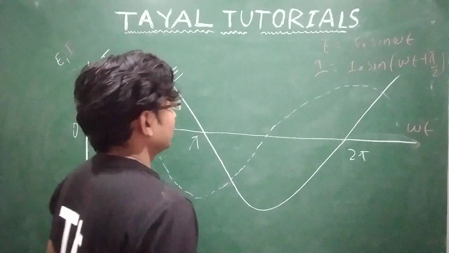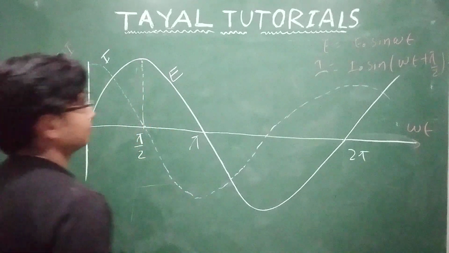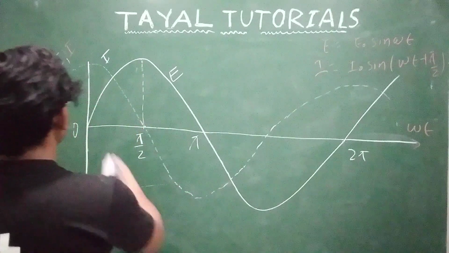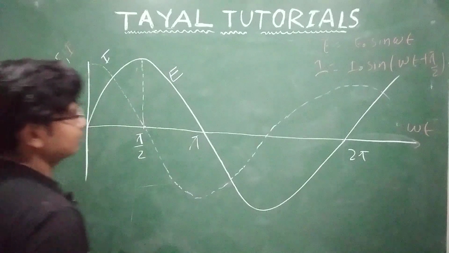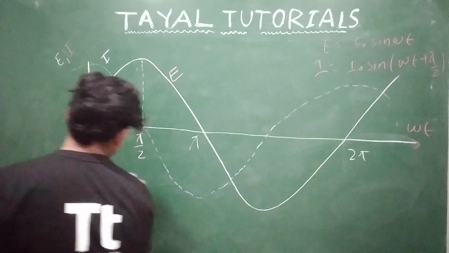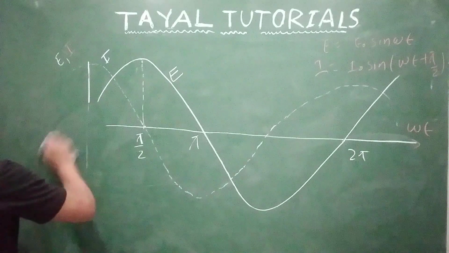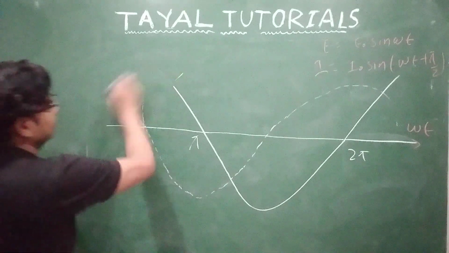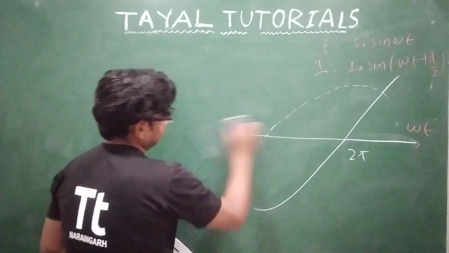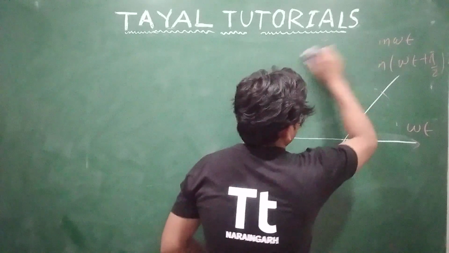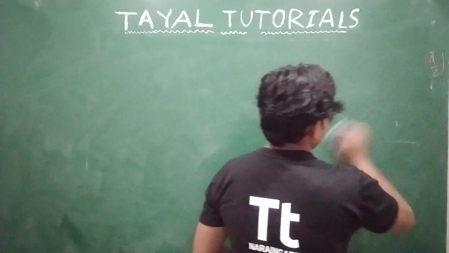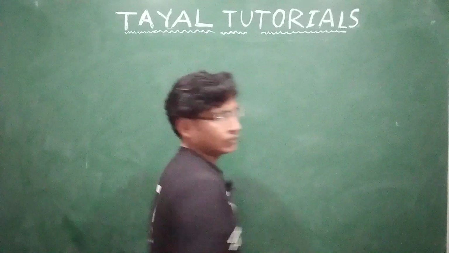Next I will draw in phasor. Okay, this is your graphical representation of your E and I. So let me draw the phasor.